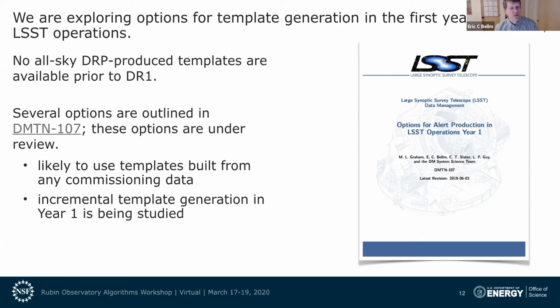There's a tech note, DMTN 107, that describes a range of options that are under review. In particular, it's likely that we'll use templates that have been built from any commissioning data that's available. That almost certainly won't cover the whole sky, but will get us a head start. And then we're looking at the possibilities for doing incremental template generation in the first year outside of a data release. So stay tuned on that.